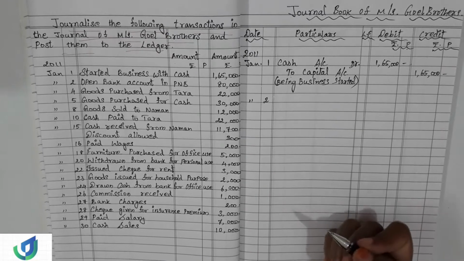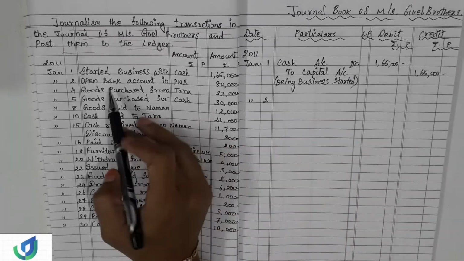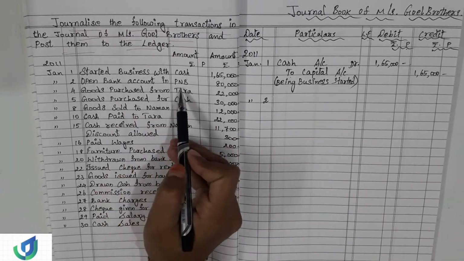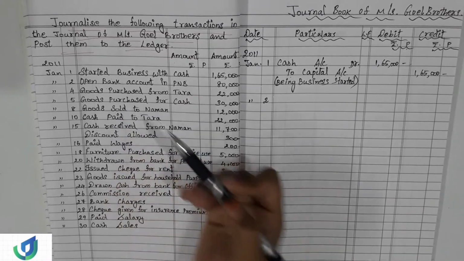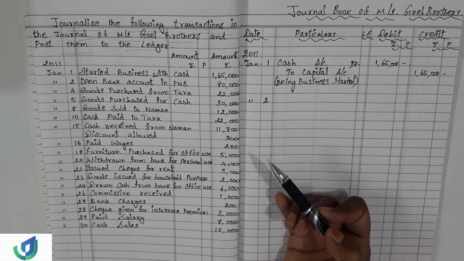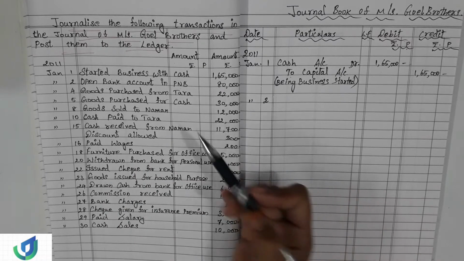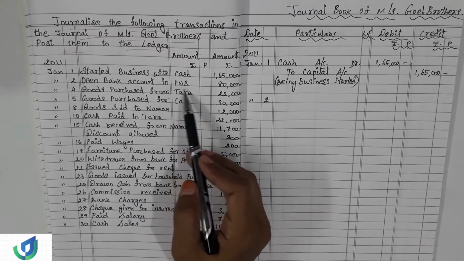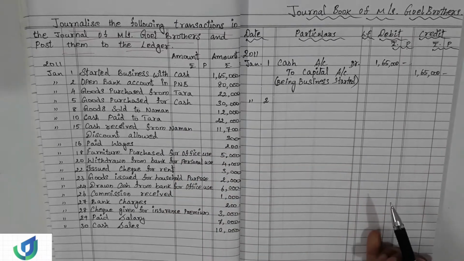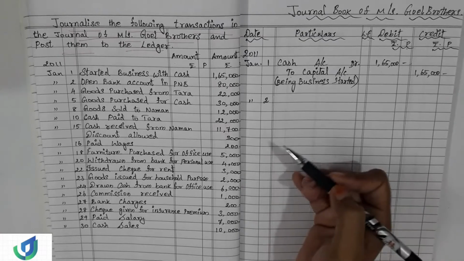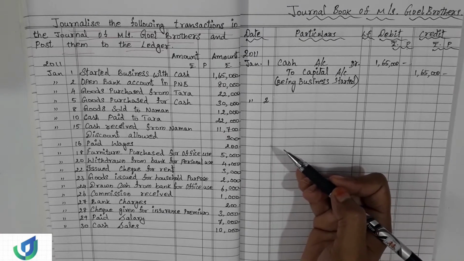Okay. And second, opened bank account in Punjab National Bank. PNB means Punjab National Bank. So obviously when the business started, it will be opening a bank account in one of the banks, right? So the bank account is opened newly. So debit here, bank is a personal account, right?